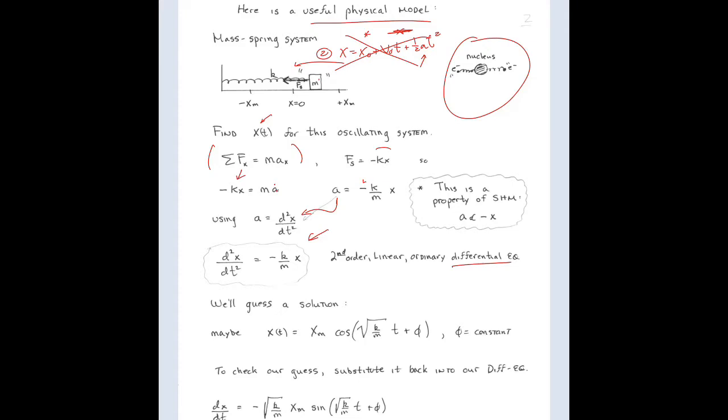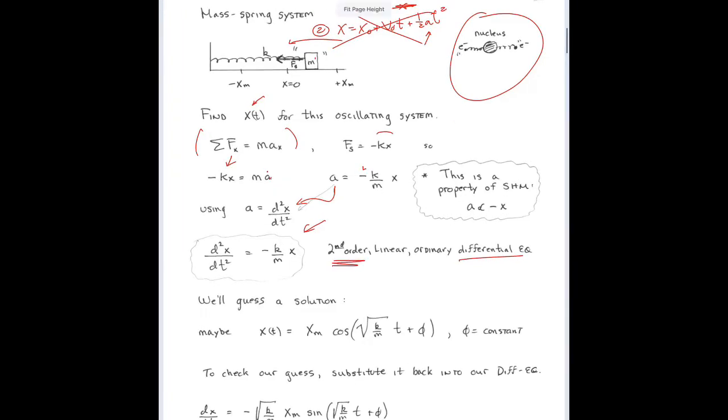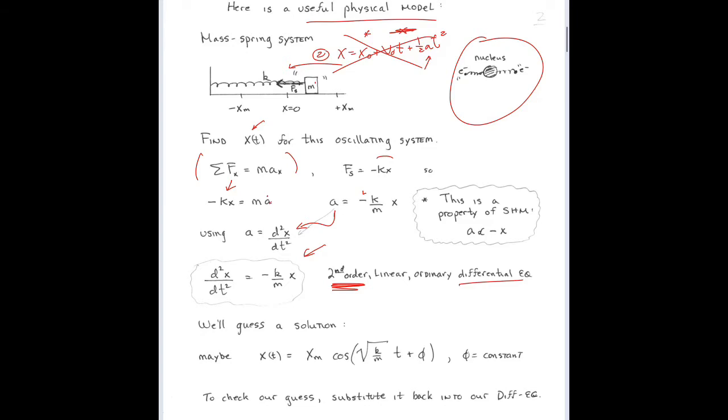It's given a fancy name: it's a second order differential equation. Second order because I have the second derivative. It's linear because the variable x is raised to the first power. It's ordinary because later in calc 2 or 3 you'll see partial derivatives, so it's just regular derivatives.